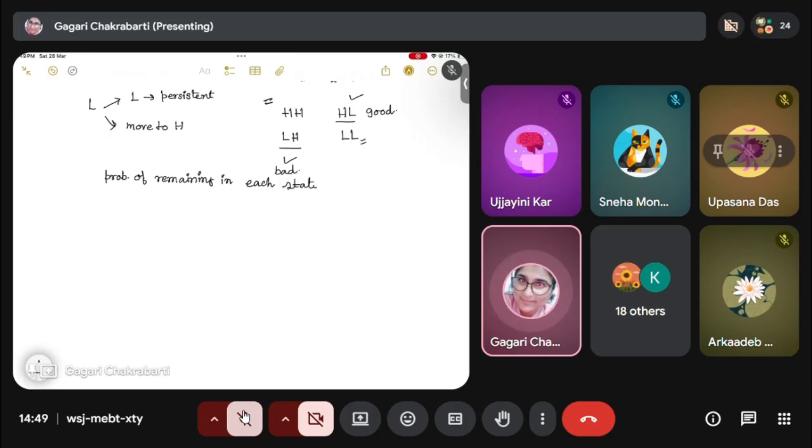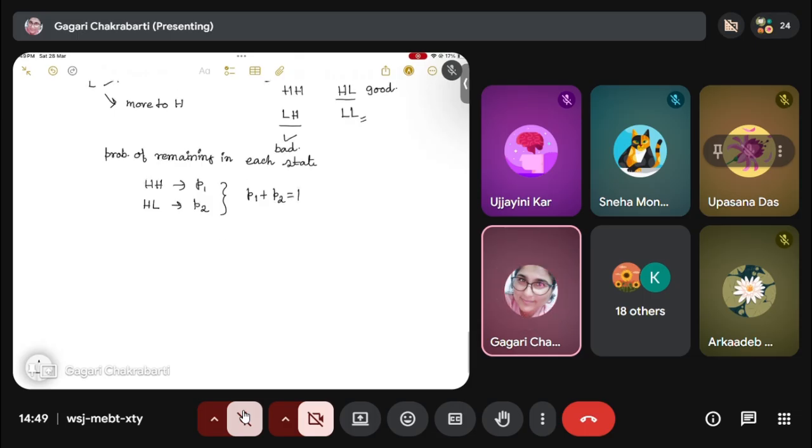So it will give you probability for high to high, suppose that is P1, এবার high to low, that is P2. আচ্ছা, তাহলে P1 plus P2 should be equal to 1. তুমি হাই থেকে শুরু করে either you are remaining in high or you are moving to low.